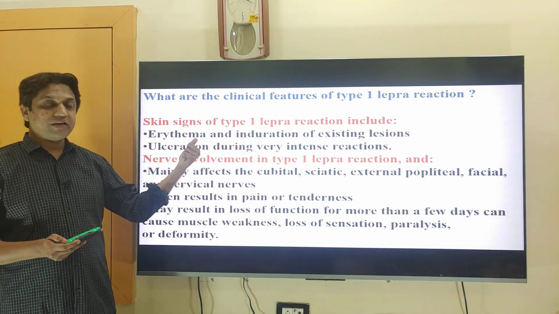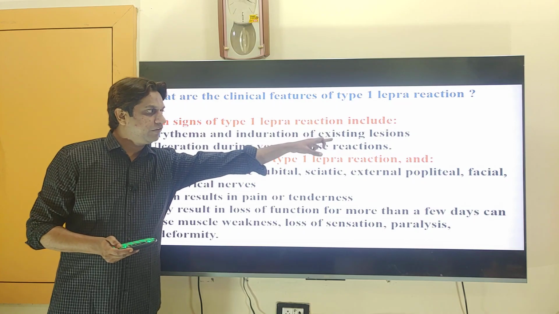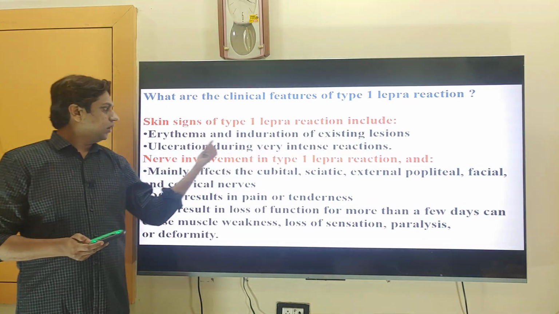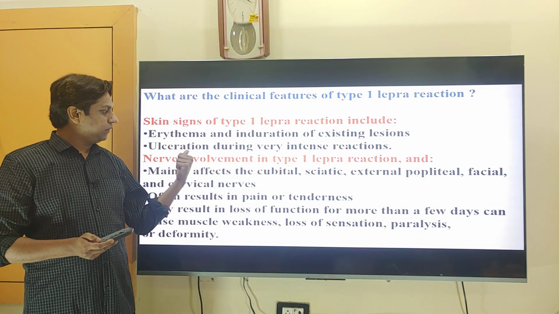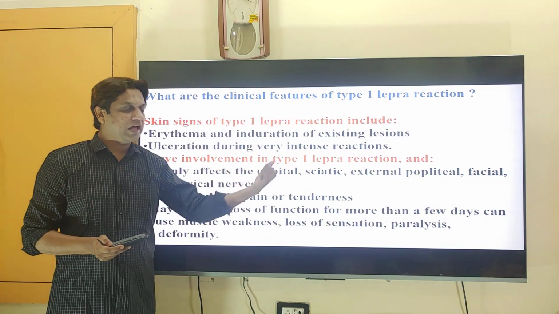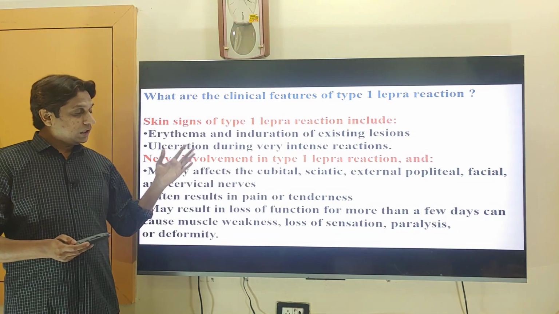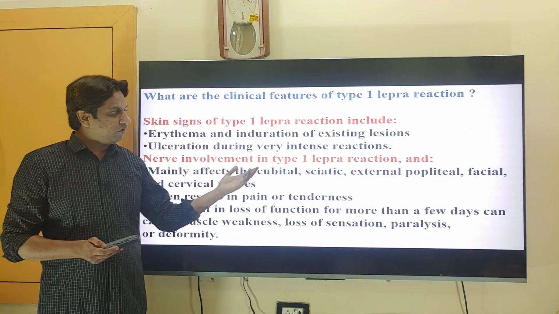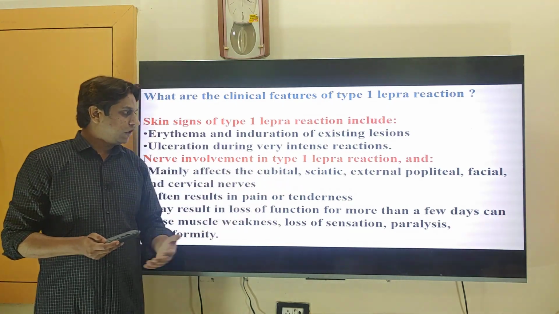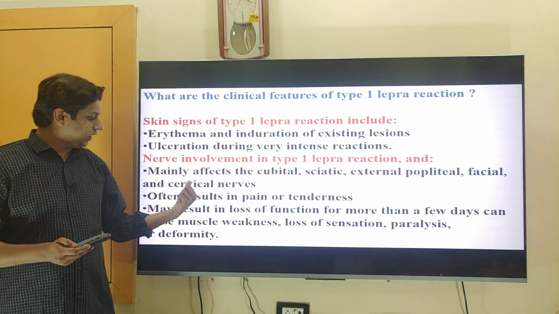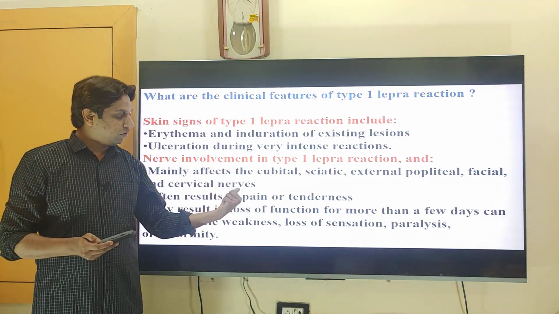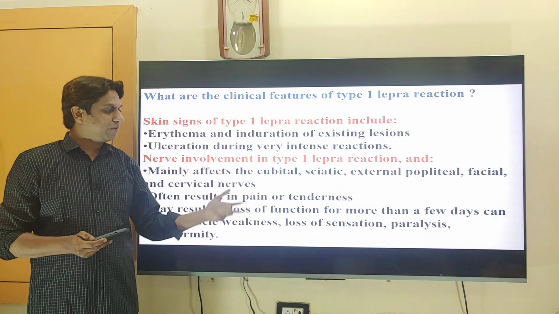As I said, in the existing lesions there could be erythema and induration, and sometimes in the intense phase ulceration can be seen. One more important thing is that nerve involvement can also occur in type 1 Lepra reaction. Basically it will affect the ulnar, sciatic, external popliteal, facial and cervical nerves. This is the most important point of this Lepra reaction.